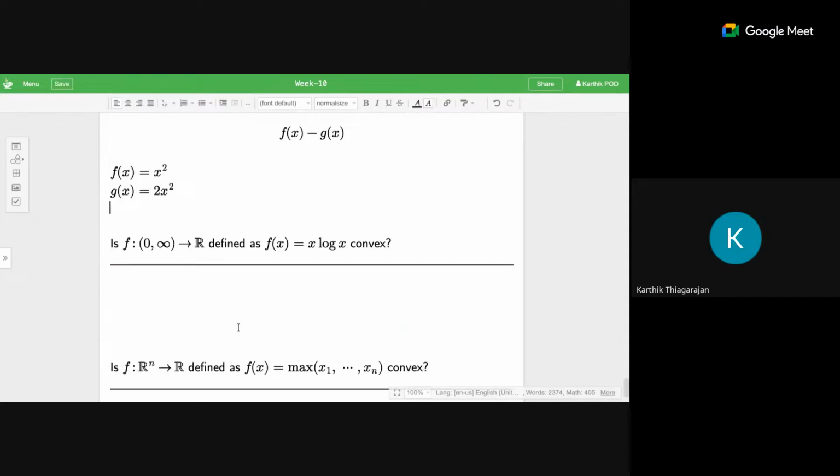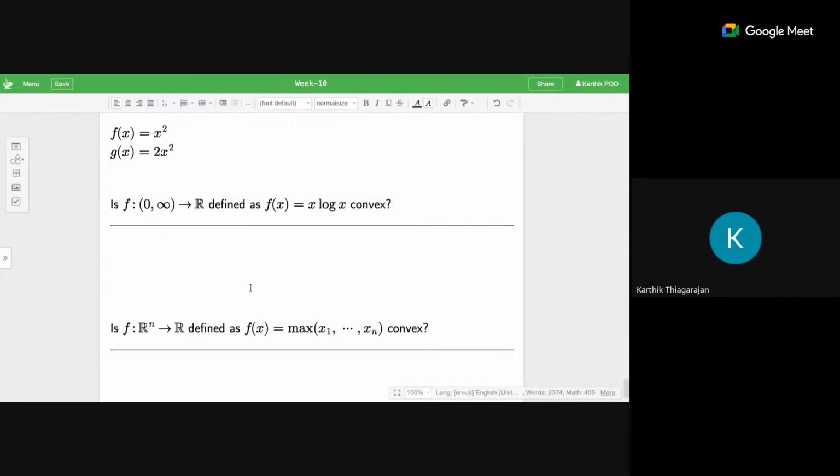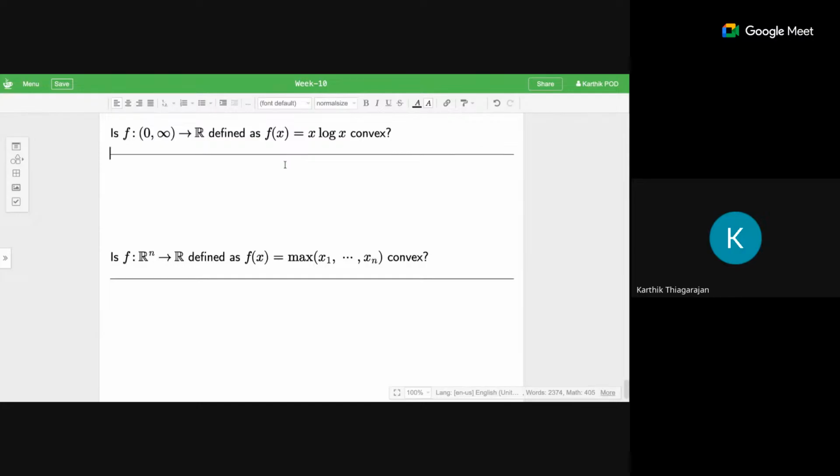So what about this? Is x into log x convex? No. Okay, why do you think that way? Because log x is concave, and x is both convex and concave.